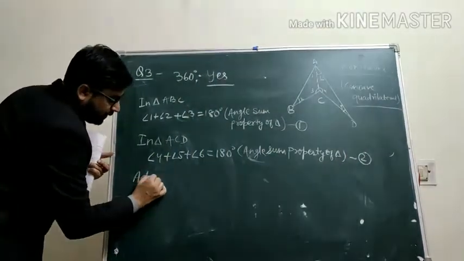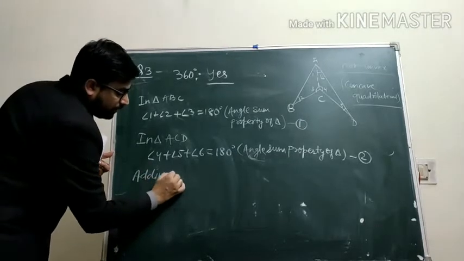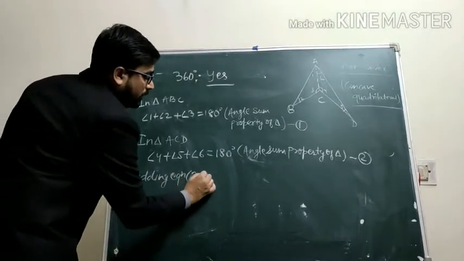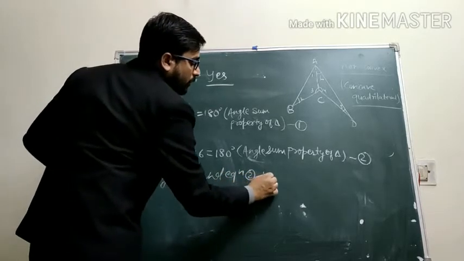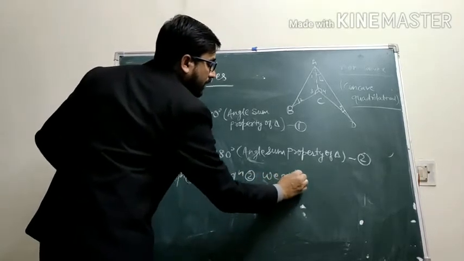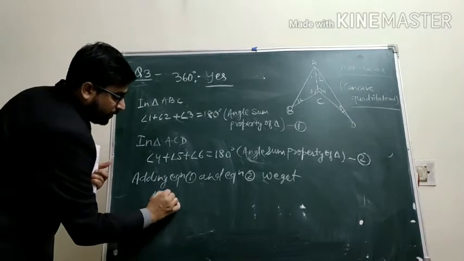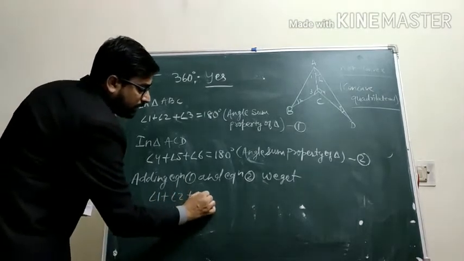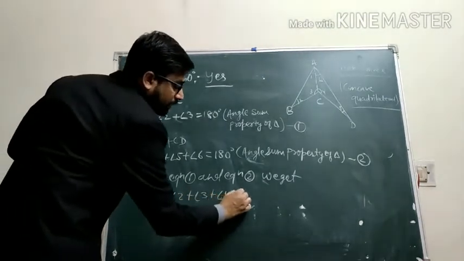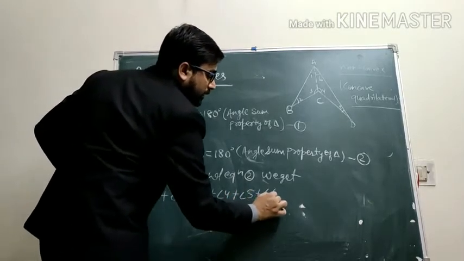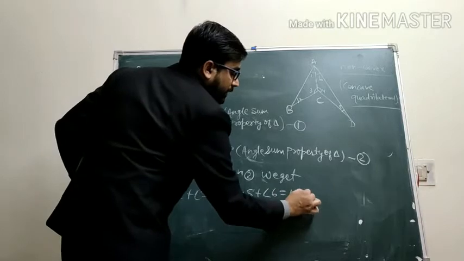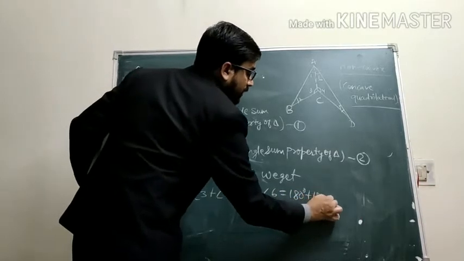Adding equation 1 and equation 2, we get angle 1 plus angle 2 plus angle 3 plus angle 4 plus angle 5 plus angle 6 is equals to 180 degree plus 180 degree.